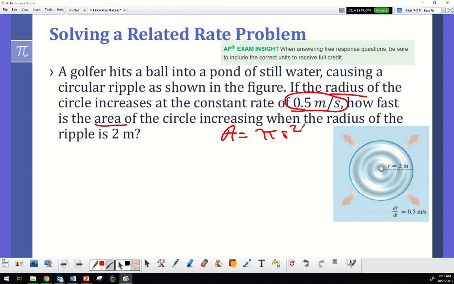Now, what variables do I have here? I have a radius. What about an area? It's an A, isn't it? It's still an unknown value.